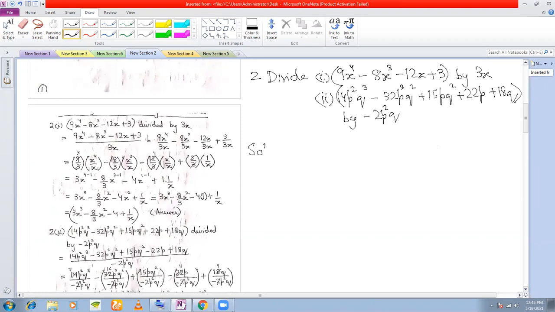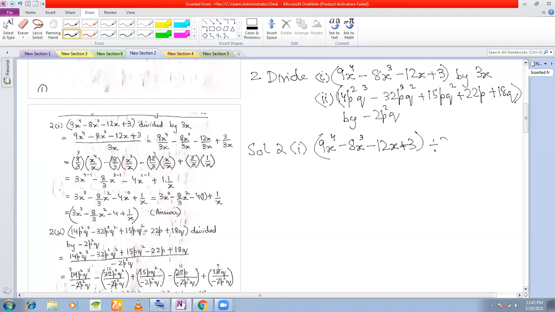Let us start with the first one. So you have 9x to the power of 4 minus 8x cube. Remember, always when writing algebraic expressions, always use a bracket. Okay, it's a good habit to use a bracket. Even if brackets are not given, put it within brackets.